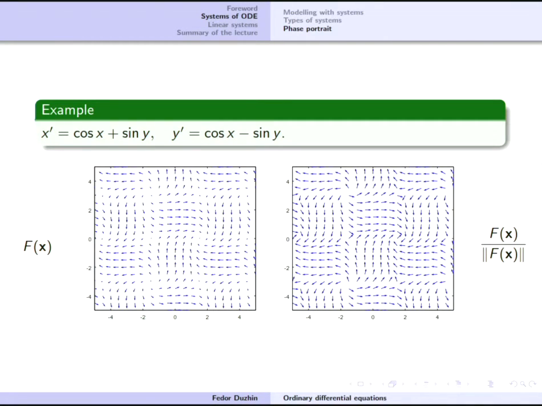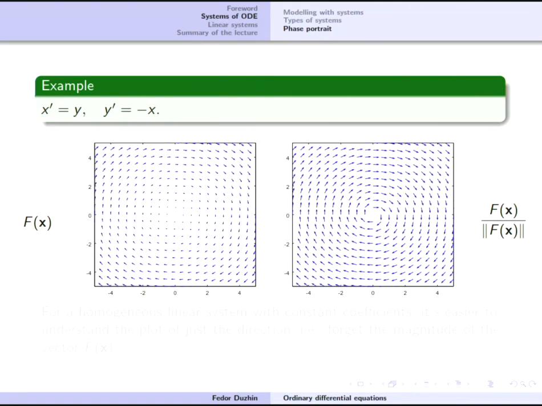Sometimes, so here I don't think that there is much of a difference. Here there are only exceptional individual points where the magnitude of the vector is 0, and they are somewhere here. And I think it does matter. So here we can extract them from the right plot, the normalized one.